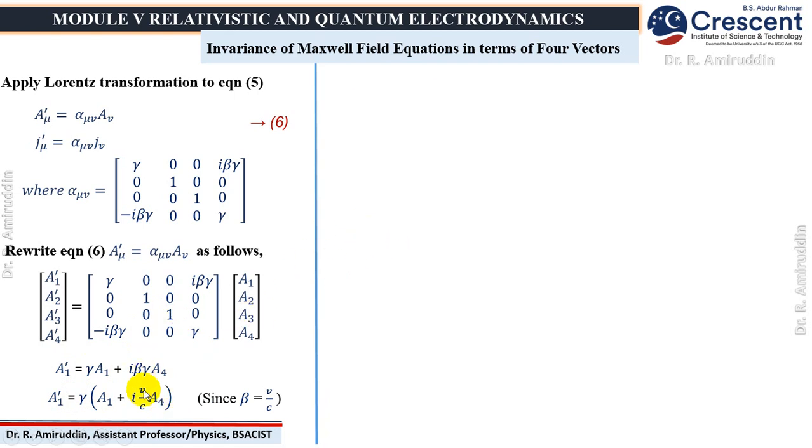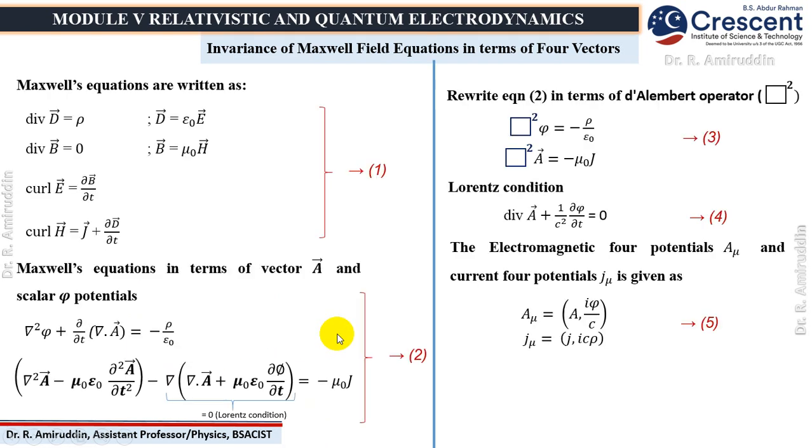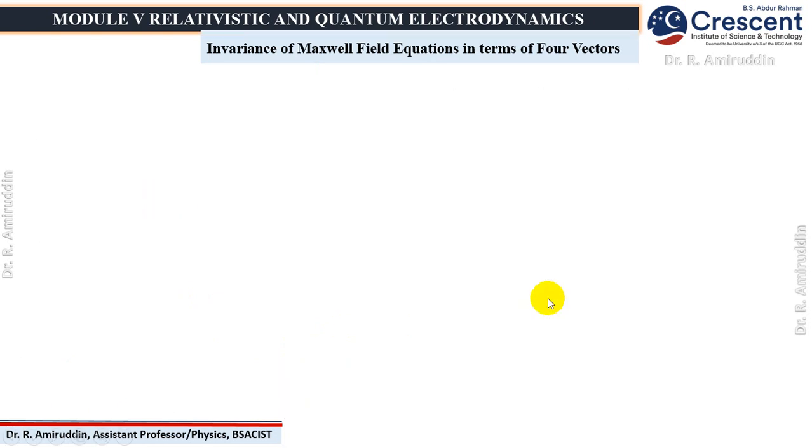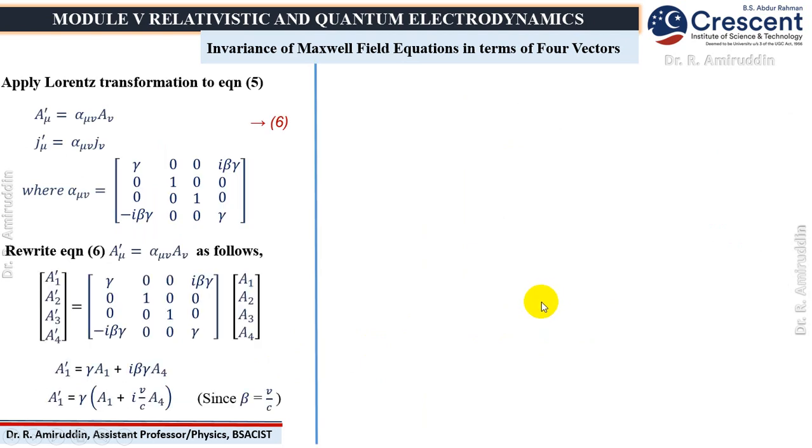Now we know that the term A4, we can read by considering equation number 5. Like what we discussed in equation number 5, A mu is equal to A comma I phi by c, which means the fourth term A4 is I phi by c. So that fourth term will be substituted in this equation.